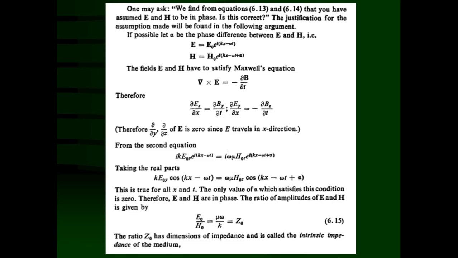Now, from equations 6.13 and 6.14, we have seen that the phase factors are going to be the same.